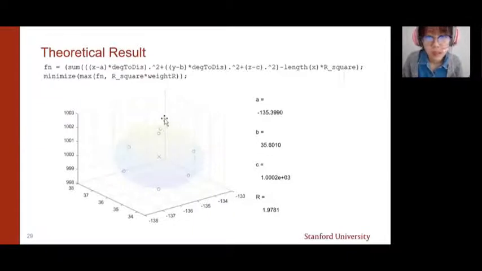As you can see, after putting the 7 input data points into the algorithm, it returns a jammer located at this point, and the radius the algorithm gave us is equal to 1.97, which is very close to 2. And the location of the jammer matches exactly with what we designed it to be. Therefore, we can say that this algorithm works well on theoretical data.